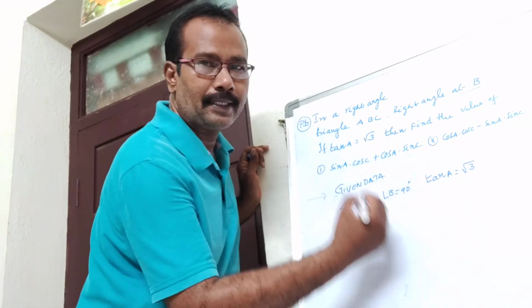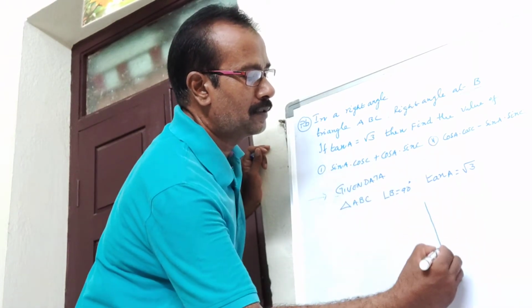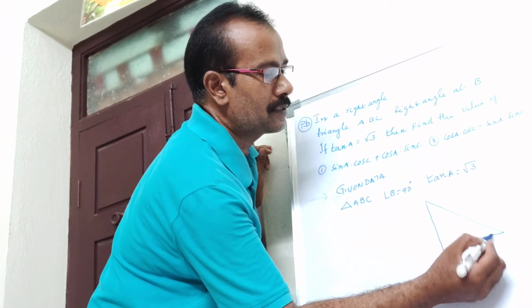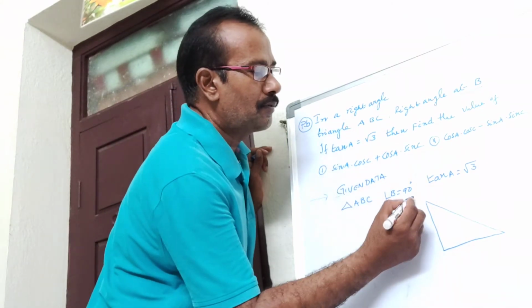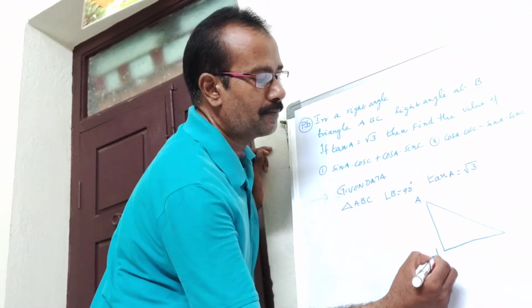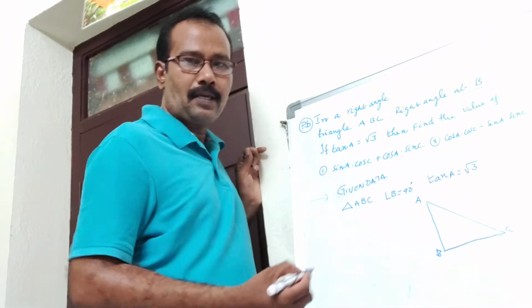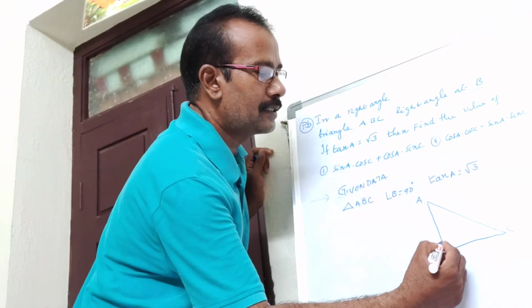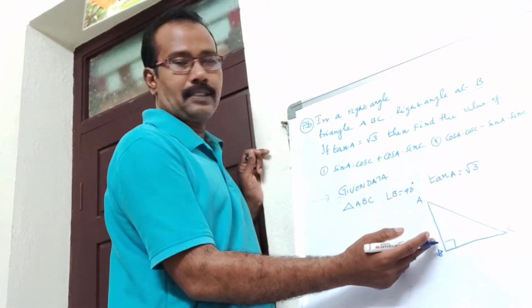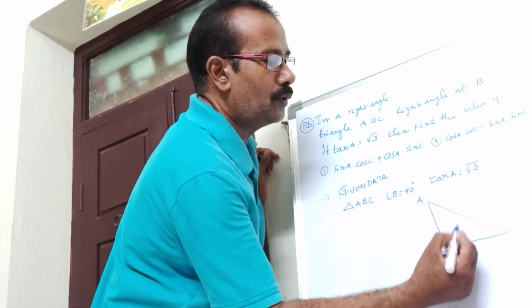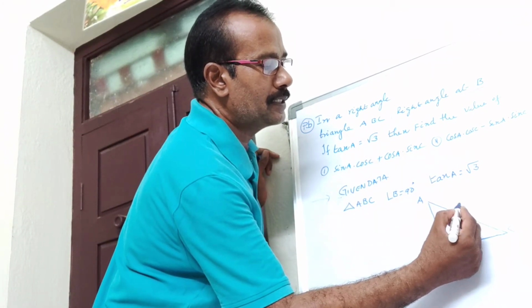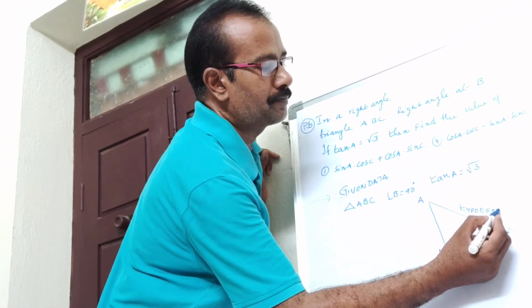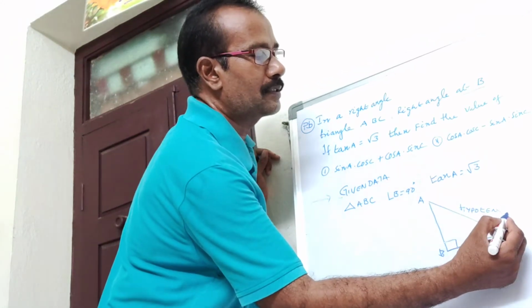So first draw a right angle triangle. First put the names A, B, C. At B, the angle is 90 degrees. Now AC is the hypotenuse.